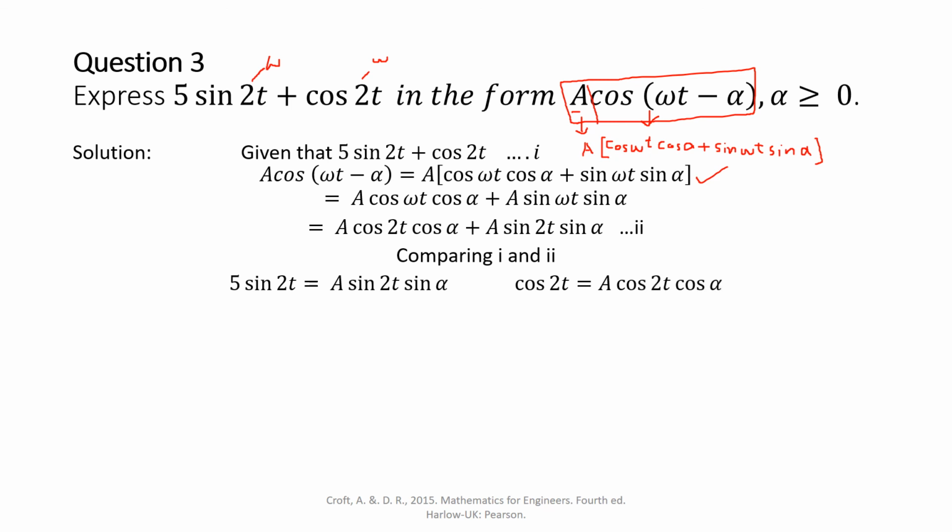Here we got cos of omega t in the first term, and here cos of 2t in the second term. Then sine of omega t here in the first term and here in the second term. Now this cancellation.